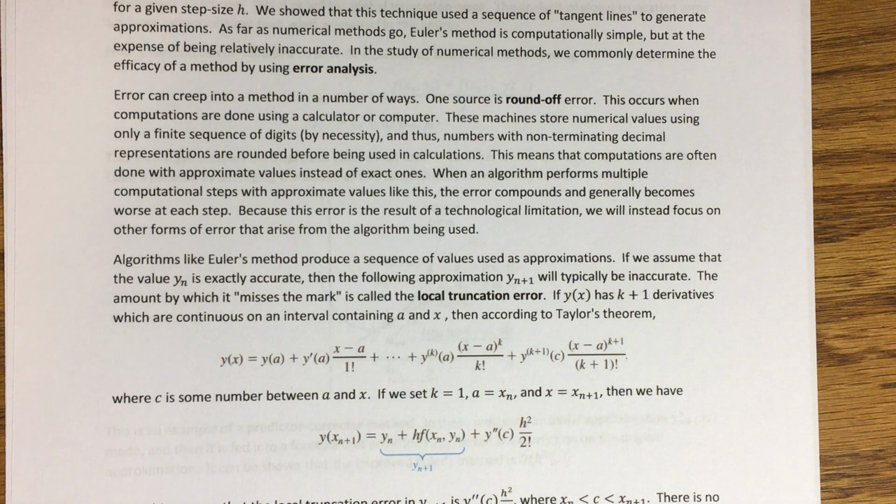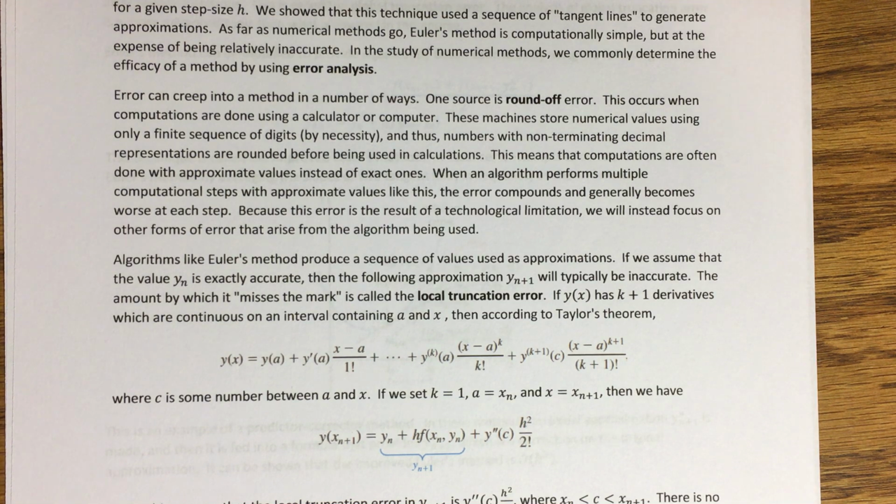So in computer science, a computer or a calculator is modeled by something that we call an FSM, which stands for finite state machine. And what that means is that, at least in the context of these numerical algorithms, when a computer or a calculator is working with a numerical value and is trying to store some kind of decimal representation for that, it's incapable of storing an infinite string of digits because it's limited by its memory.